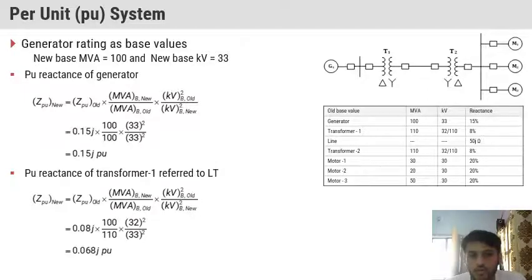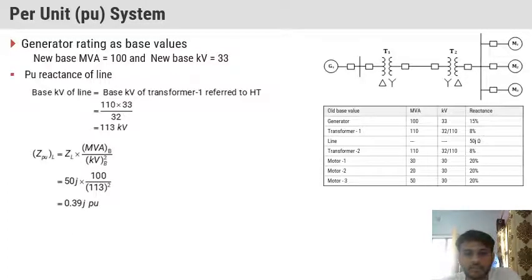Put in all the values: the old value is 8 percent, and we have the new base values. At the end we get this value, which is now our new Z per unit for this base. If we change the base, then definitely it will change the values.